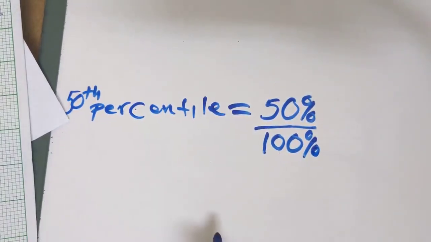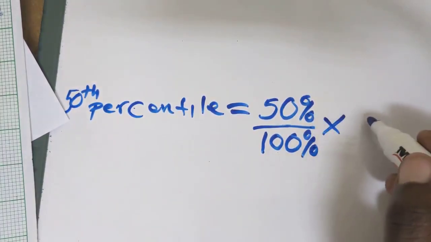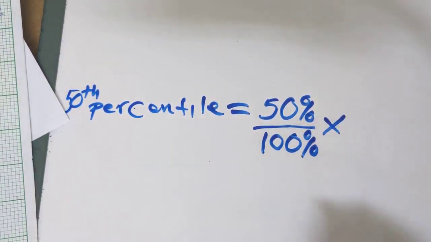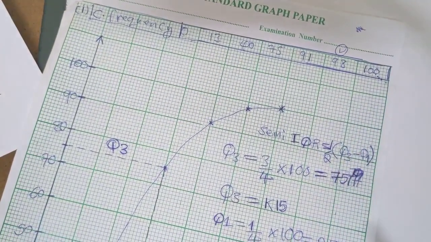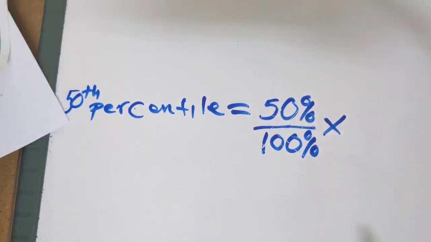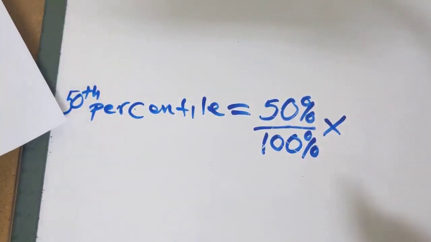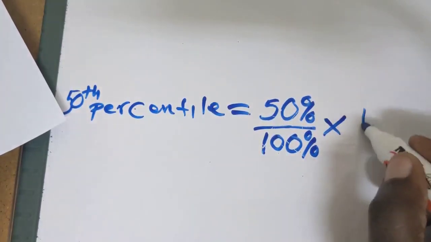A percentage is always over 100%, times the total cumulative frequency. That total cumulative frequency, in our case, we have this as 100. So whatever you'll be given as the total cumulative frequency, make sure that you put it here. So this is what you're supposed to do, times 100.